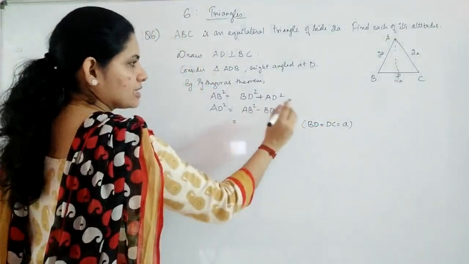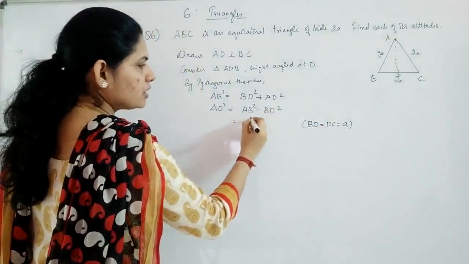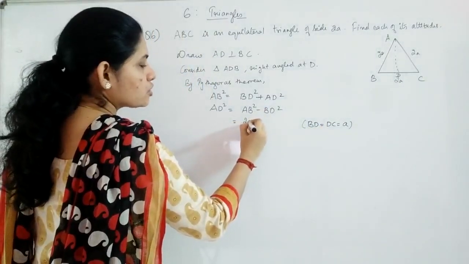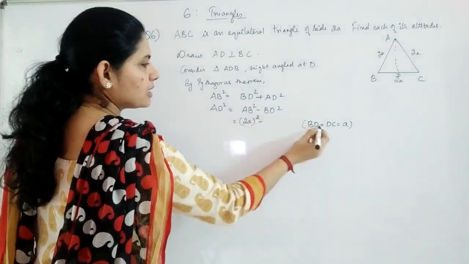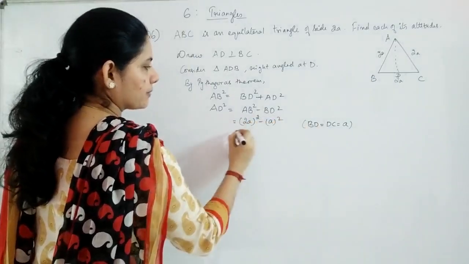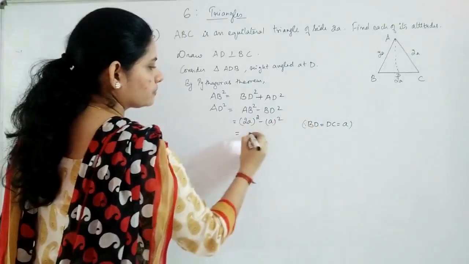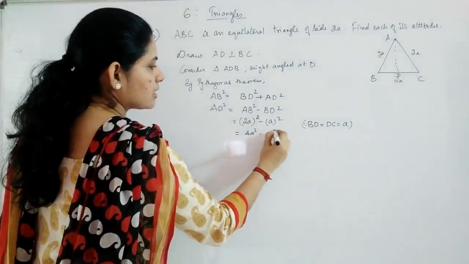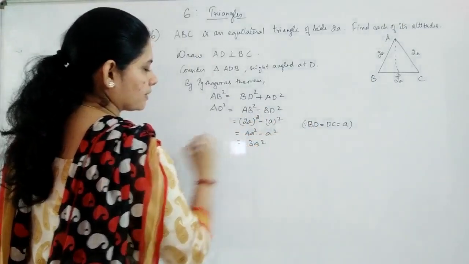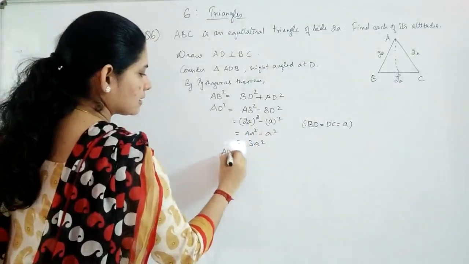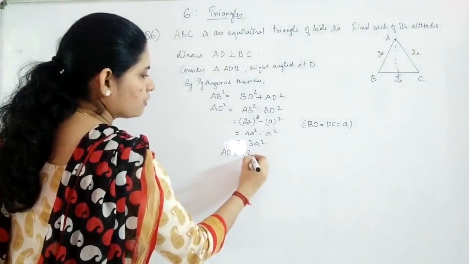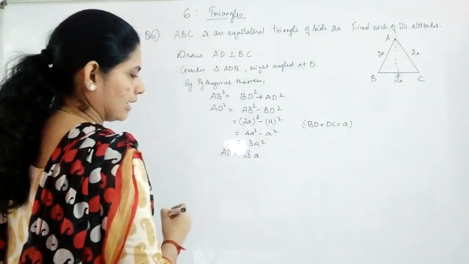So here you will get AB as 2A the whole square minus BD square, which is A square, equal to 4A square minus A square, that is 3A square. So AD is equal to root of 3A square, which is root 3A.